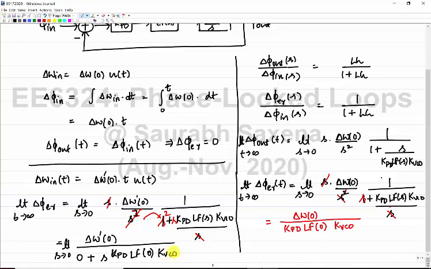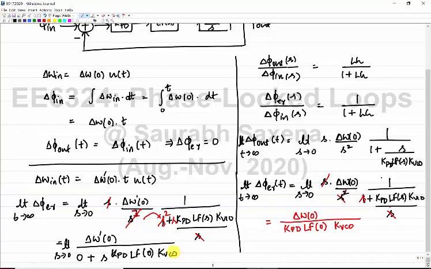Right? So if loop filter of 0 is equal to 1, then surely your error is going to be infinity. But if loop filter of 0 is 1 by s, then you will have some finite phase error. And if loop filter of 0 is equal to 1 by s square, of that kind of term, then the phase error will go to 0.